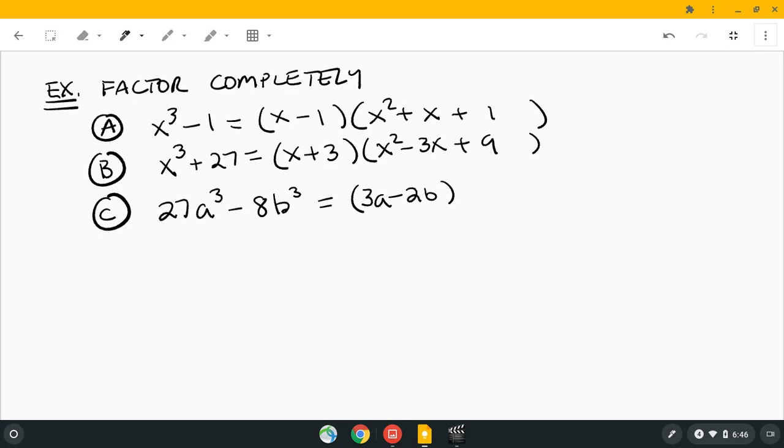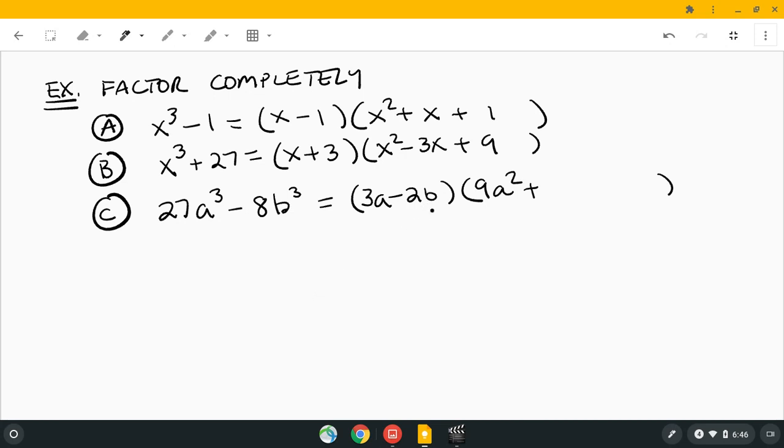Okay? All right, so now let's come up with the trinomial using what we have here. Okay, so the first term over here, we square this. So 3a times 3a. That's 9a squared. Then it's going to be plus.